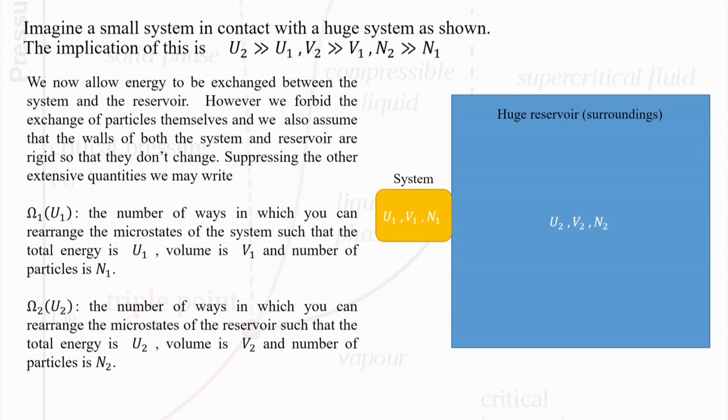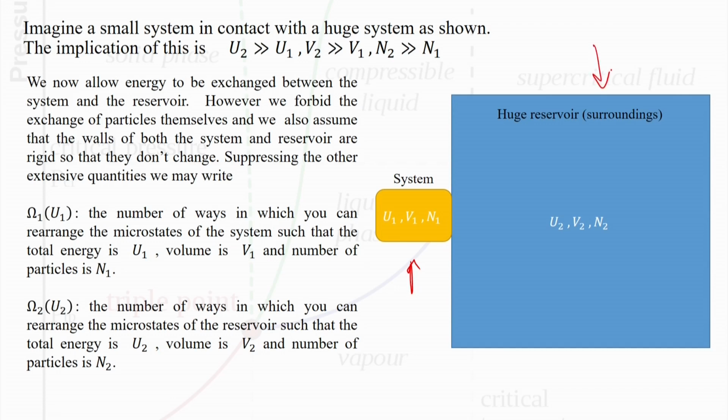So, in order to do this, what we should be doing is imagining a system which, for argument's sake, contains energy U1, has volume V1, and the number of molecules in that system is N1. I am going to distinguish this system from what I call a surroundings or reservoir.